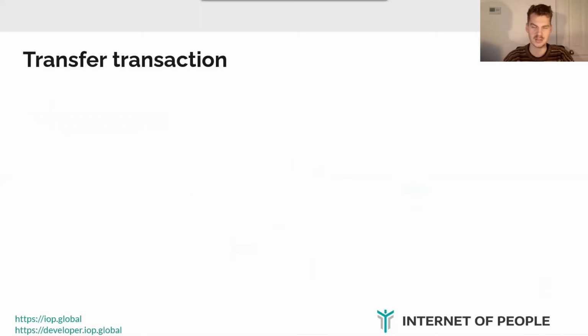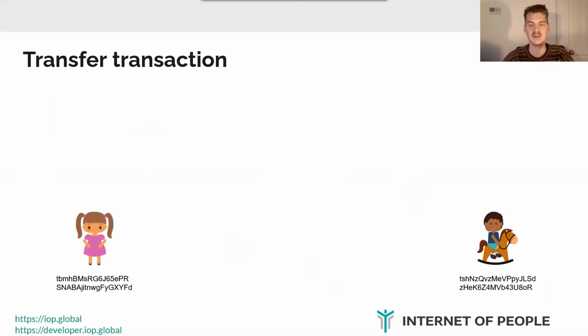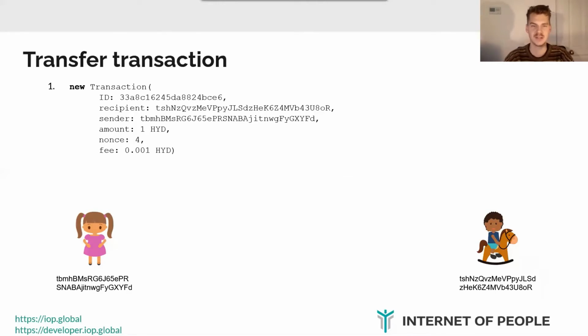So let's consider a transfer transaction, the same as before, where Alice sends Bob 1 Hydra. Here you have Alice and Bob, and both of them have an address generated by this cryptographic key vault, which is compatible with the Hydra blockchain. Now Alice will create a new transaction in which she will specify the recipient of the transaction and herself as a sender.